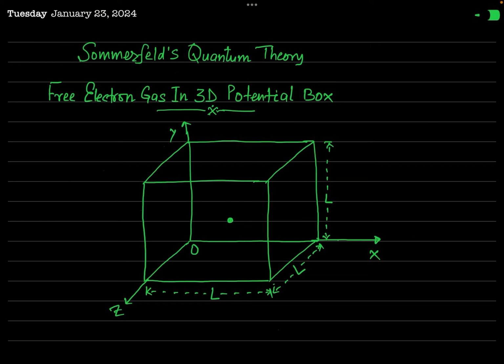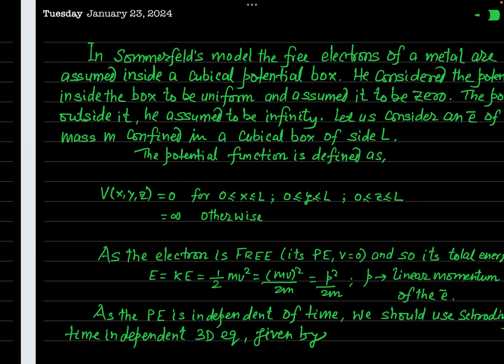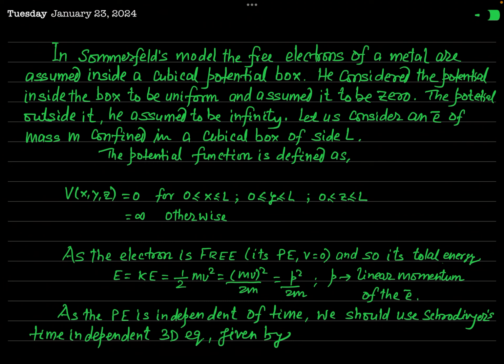But outside of this box or at the faces of this box, this potential abruptly rises to infinity, so that the electron is confined within the box; it cannot escape through the walls of the box, because at the wall the height of the potential barrier is infinite. Okay? So in this condition, how the potential function is defined, you can see it here.